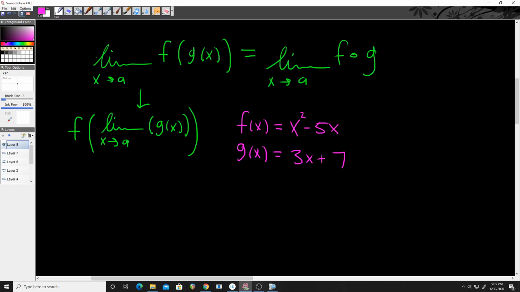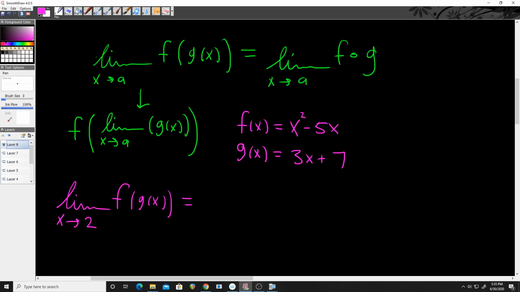Now, this is probably going to take a little bit of time, but I want you to understand what I'm talking about. Let's say we want the limit as x approaches 2 of the composition.